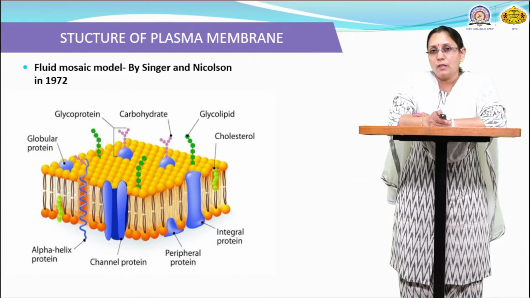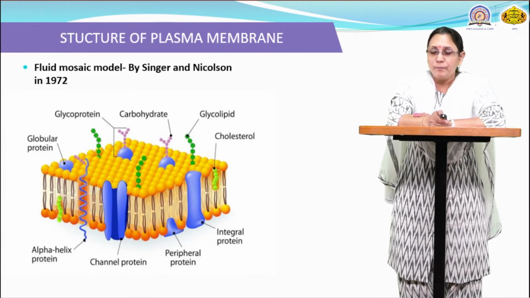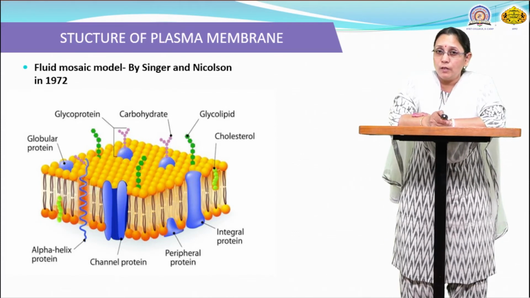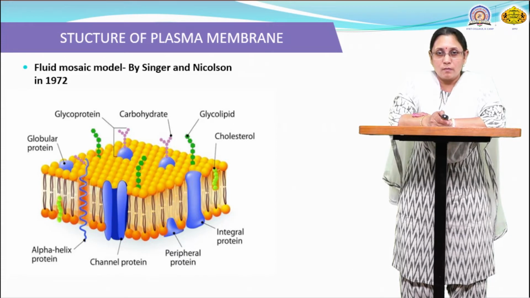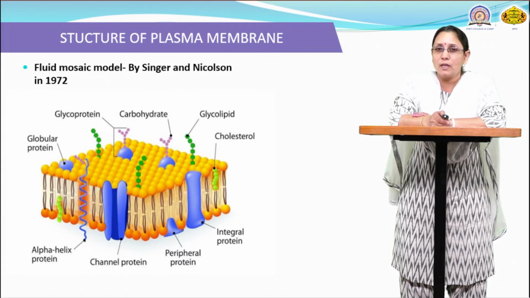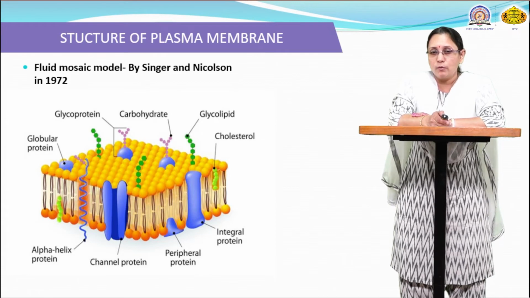There are many hypotheses and theories associated with the structure of plasma membrane, but the well accepted theory is the one put forward by Singer and Nicolson in 1972. According to them, the structure of plasma membrane is labeled the fluid mosaic model. Why it is a fluid mosaic model, I will tell you later on.